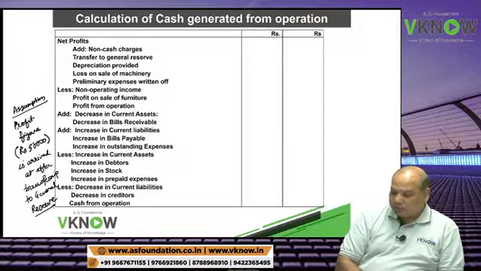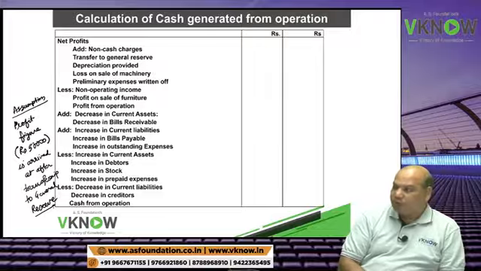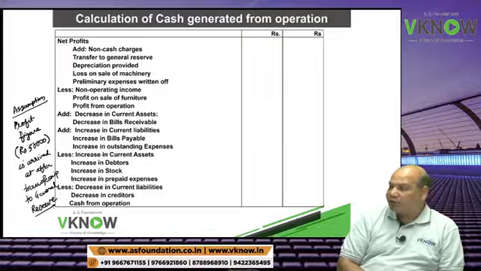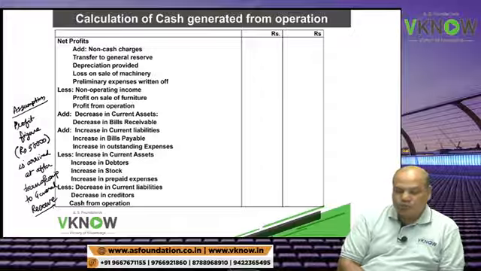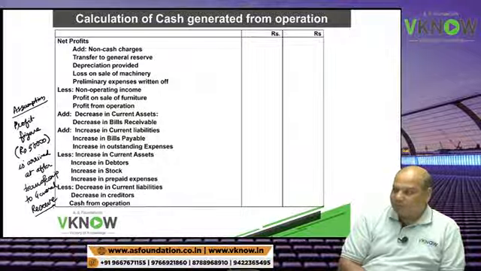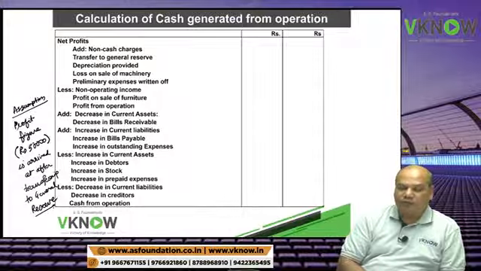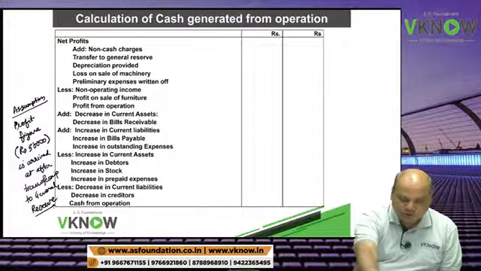The net profit figure of rupees 50,000 given in the problem is arrived at after transferring to general reserve.